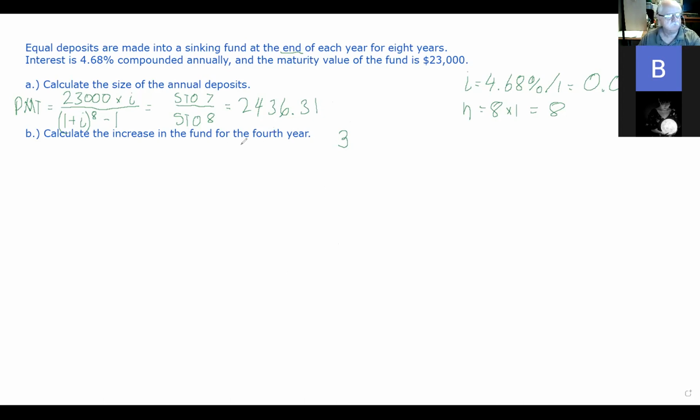So we're going to go the payment 2436.31 times 1 plus I to the power of, in this case, 3, minus 1, all over I.